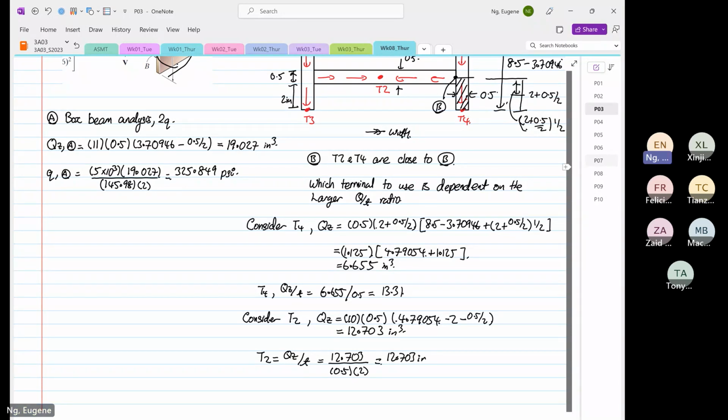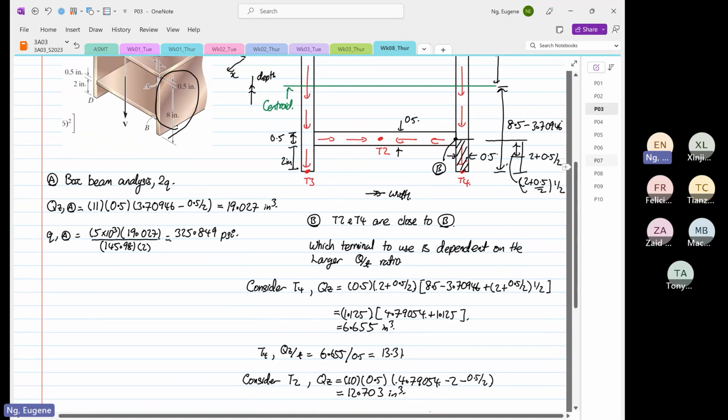Inches cubed. Okay. So by looking at this, why do we have to divide by 2? Because you have the left and the right, yes or no? So by looking at this, at point B, which one do you have to use?